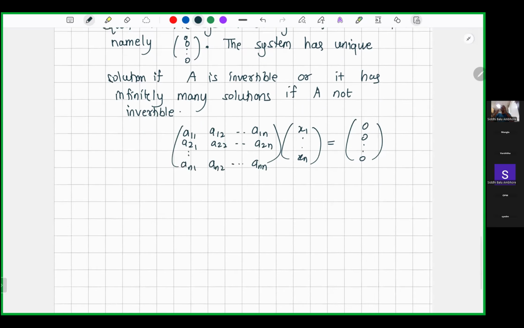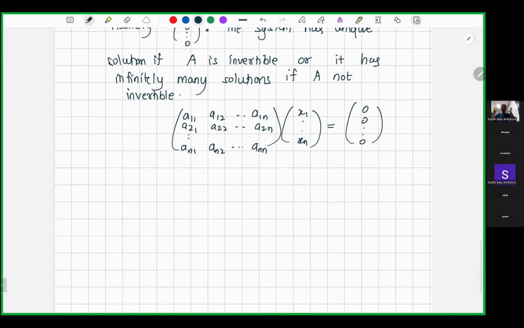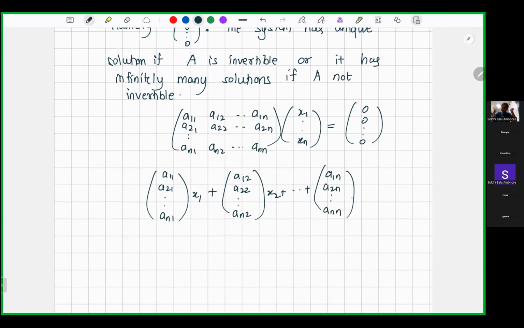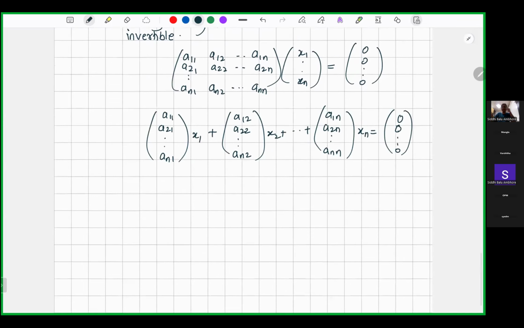If I try to write this in the form of columns, a11, a21, an1 times x1, plus a12, a22, an2 times x2, and so on up to a1n, a2n, ann times xn, is equal to 0, 0, 0.